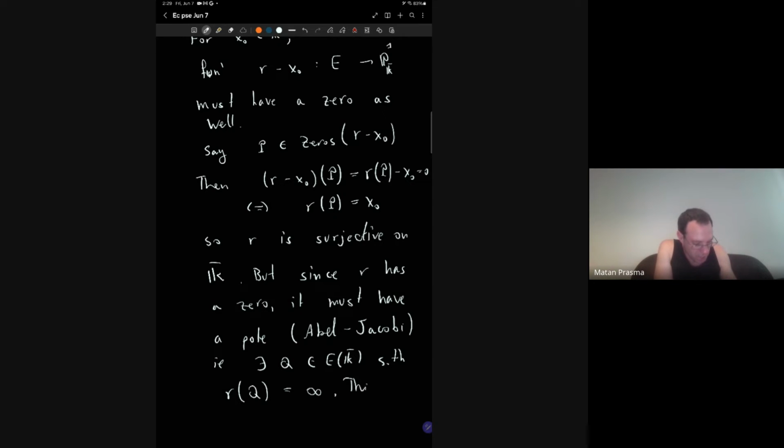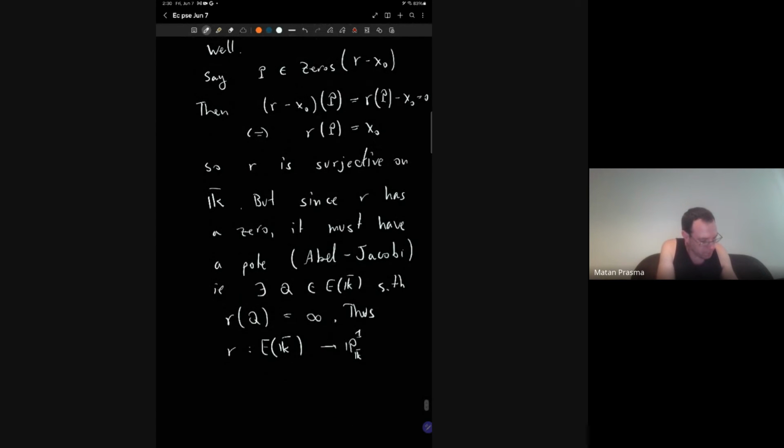And this means really that R from E of K bar into the projective line over K bar is surjective. Is this clear? This is the main part of the proof, actually.